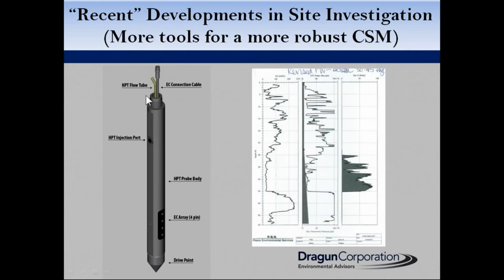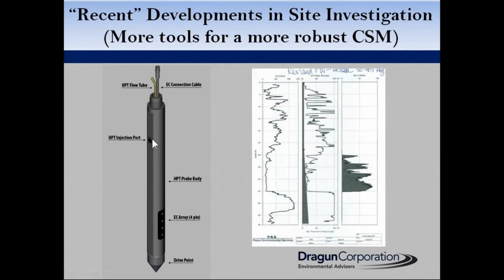So this is what an HPT probe looks like. It's put on the end of a GeoProbe, and you push it down into the ground at a known velocity. The drive point drives it through the soil. This EC array allows you to get a measure of the conductivity of the soil, which is an indication of the geology.